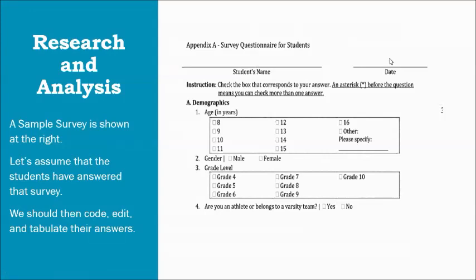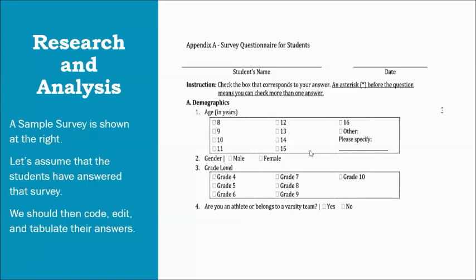Okay? So, you have the date. Gusto mong, say, for example, malaman yung age ng students. Yan. Yung gender niya, male, female. Anong level? Yan. And then, you have here questions. Are you an athlete or belongs to a varsity team? Yes or no? Okay?